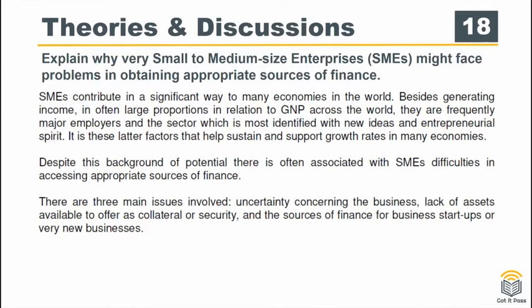It has very limited assets. So for an SME, it is quite difficult to access appropriate sources of funds because, as I've said, the net of assets available to offer as collateral or security is limited.